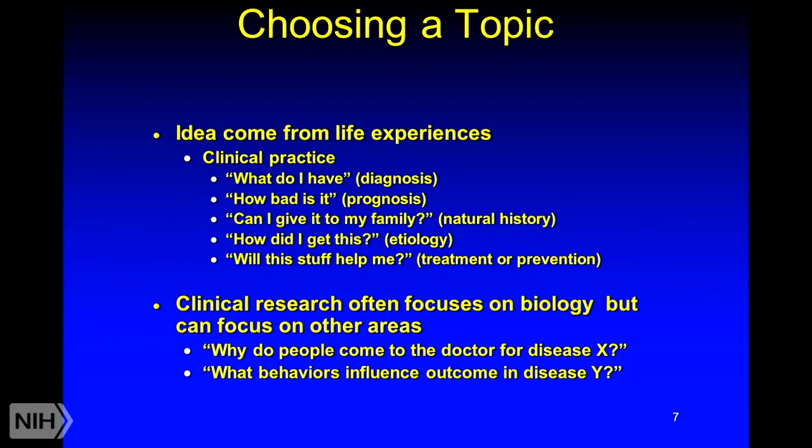If it's something like what I do in infectious diseases, they want to know, can I give it to my family? That's a natural history question. Is it a transmittable disease? They want to know the etiology of it. How did I get this in the first place? And then finally, when it comes to administering treatments, they want to know, is this stuff going to help me? And I should put as a caveat, is this stuff going to hurt me? So even if it's beneficial for them, does it have side effects that they're interested in as well?